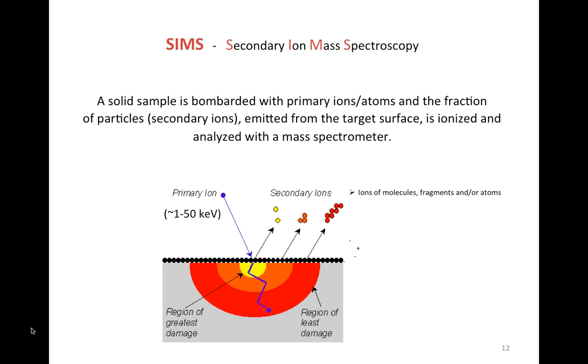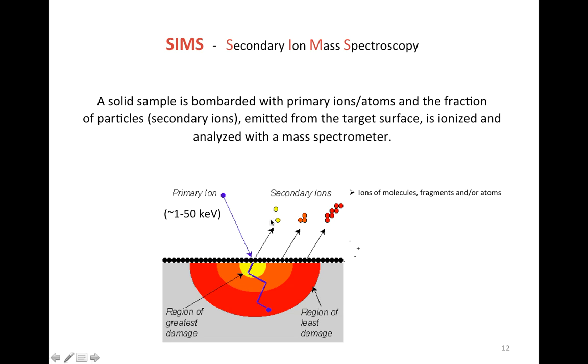What happens is that a solid sample is bombarded with primary ions. You can see primary ions with an energy from 1 to 50 kiloelectron volts hit the sample, and then they eject secondary ions.